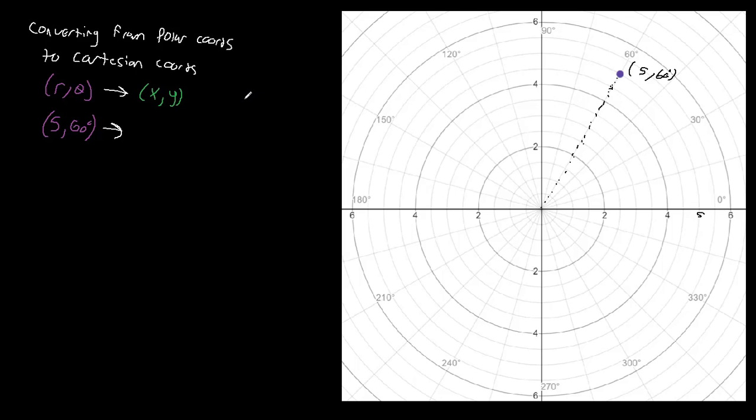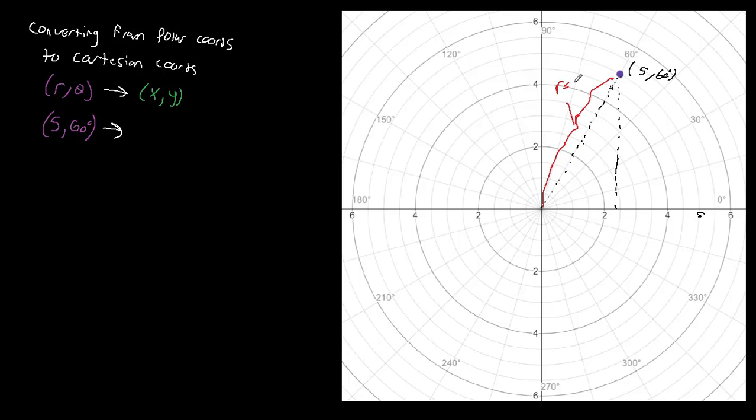So, what is this going to be in terms of x and y? And I think just like the last time, it's best to think about it in terms of a right triangle. So we already have one side, right? That's this. And then we can draw a dotted line down here. Okay. So what I want to think about is what we actually have been given. This length, that's our r.